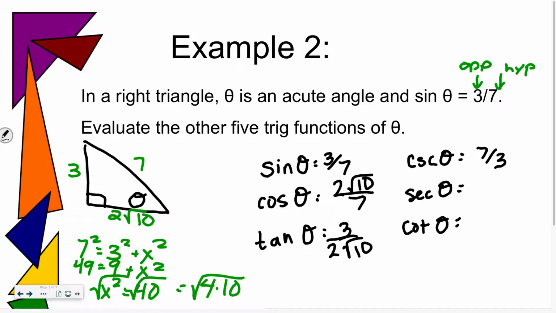And what will I do with that tangent value? Rationalize. When you have something in the denominator like 2 times square root 10, you only need to multiply the top and bottom by square root 10. So this is going to equal 3 square root 10 all over 2 times 10, which is 20.